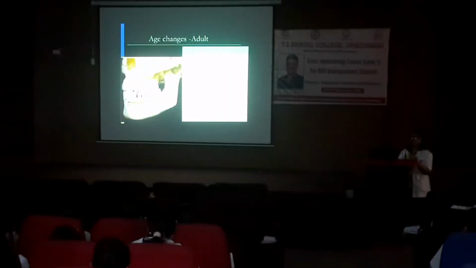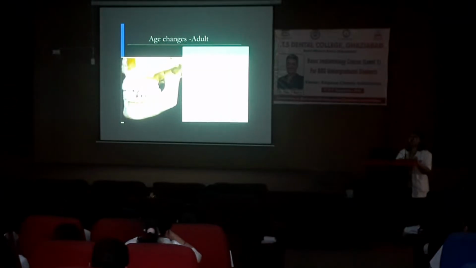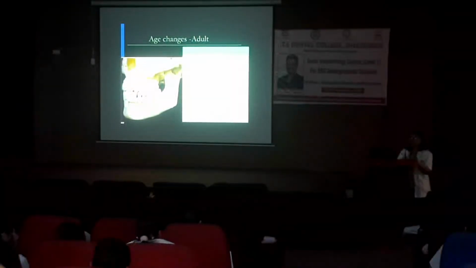You have to know how the position of the mental nerve or the position of the canal changes with respect to age. In the younger population we do not need to study this because implants are not done for growing patients. Once the growth is complete, then only we choose to do implants.